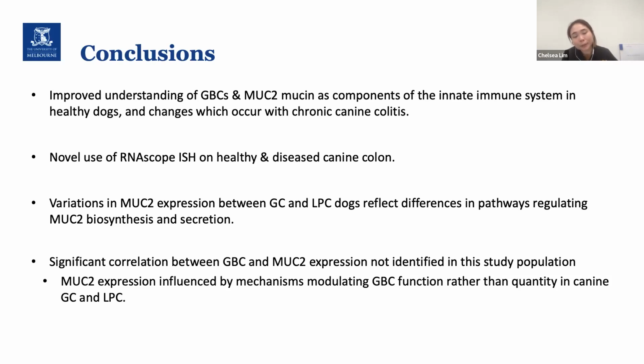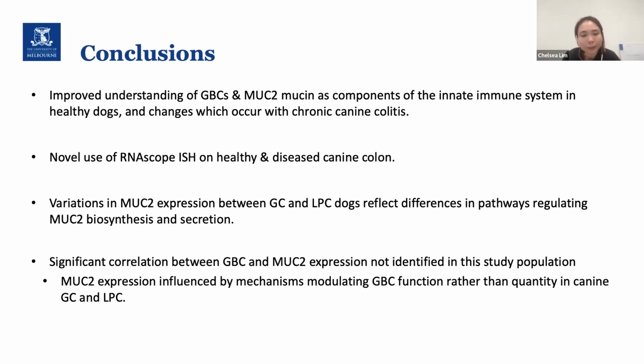The differences in MUC2 expression between GC and LPC dogs likely reflect differences in the cellular pathways regulating MUC2 biosynthesis and secretion, and specifically the loss of ability to produce and secrete MUC2 by colonic goblet cells may be a key contributing event in the disruption of the mucus barrier in lymphoplasmacytic colitis.